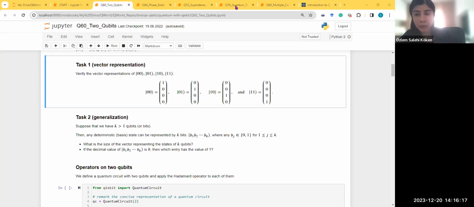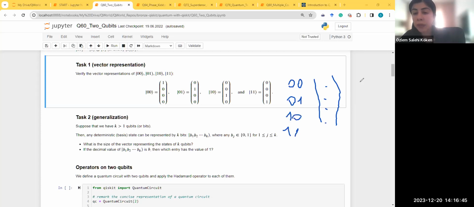And as we did above, the system can be in any linear combination of those 4 basis states. So for a system with 2 qubits, we need a vector with 4 entries to represent it. And those 4 entries will correspond to the amplitudes of 00, 01, 10, and 11.